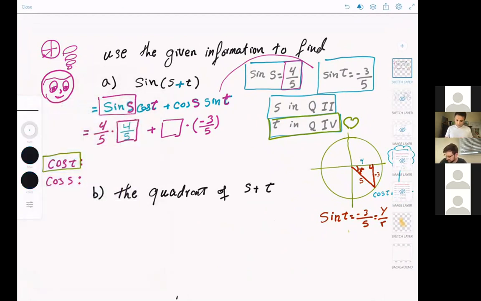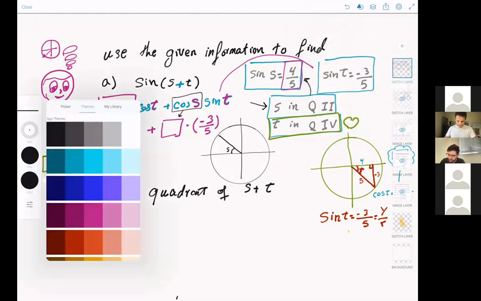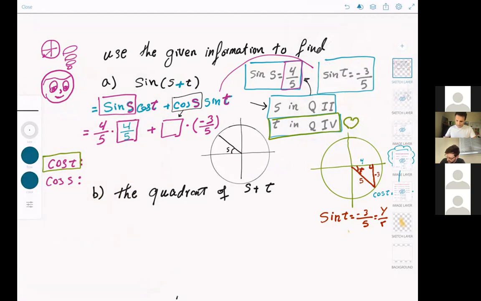Now we need to solve for cosine of s. We know s is in quadrant 2, and sine of that is this. Okay, we can make another circle, and in quadrant 2 I randomly make here S. Make a right triangle.